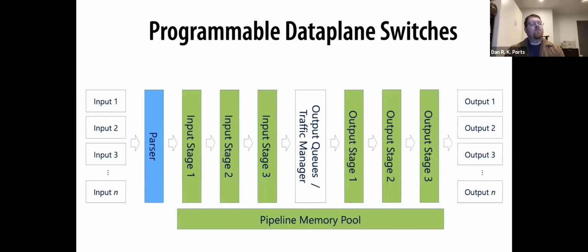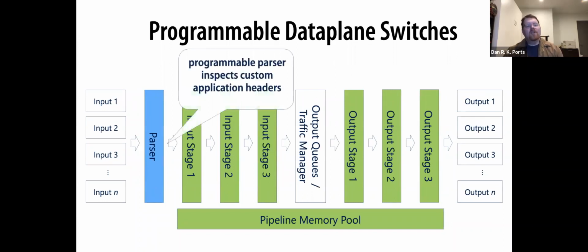We can look a little bit more at the architecture. I don't want to go into a lot of detail here, but the big picture here is that this is a switch with a programmable pipeline. We can configure it sort of like an FPGA. We load a custom bit of logic into it to change how it processes packets. In particular, we're able to program the parser so that we're not just looking at IP or TCP headers, but we're looking at application-specific fields.